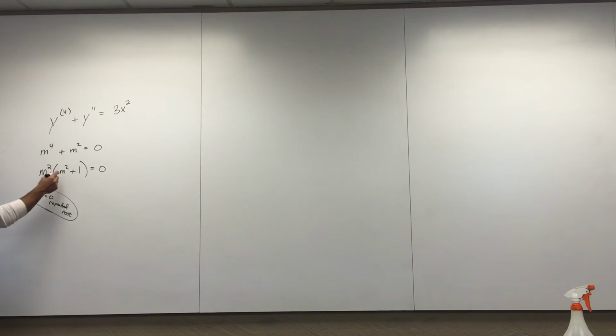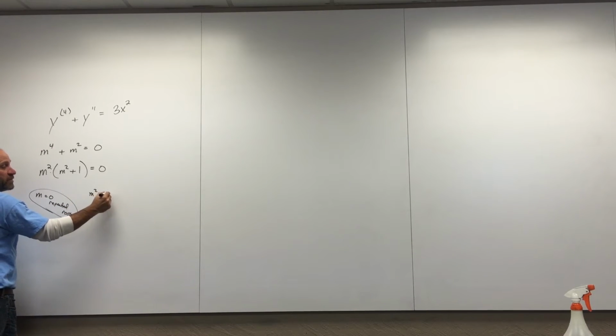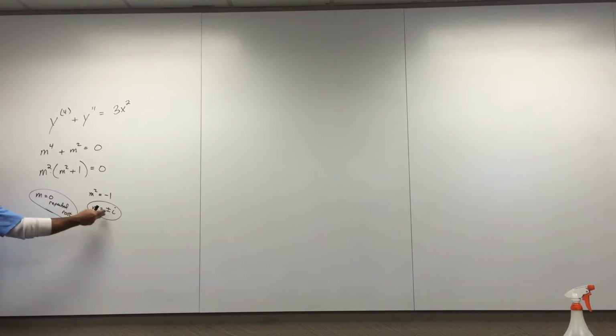And then the other one is m squared plus 1, and if you move the 1 over, it's m squared equals negative 1, and it is good old plus and minus i. So there's 2 roots, and there's 2 roots. I was kind of looking for 4 roots. And I can write my answer for the yc, but you kind of got to remember how to write your answer.